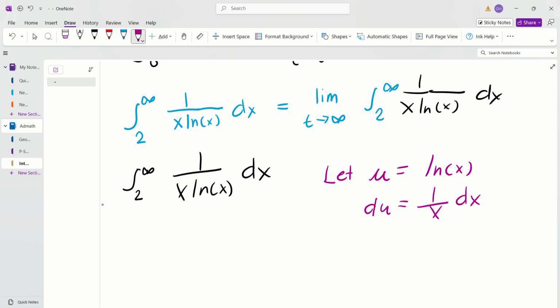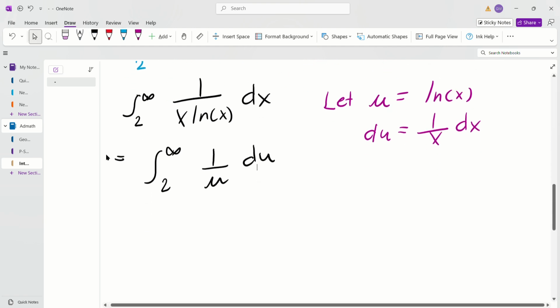So we have the integral of 1 over u du. Let's integrate this.